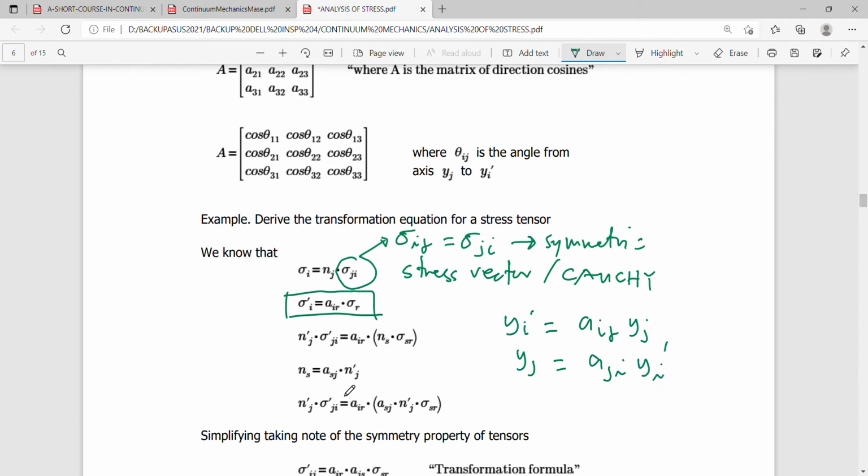This is true with this particular notation. So now ns is simply Asj n prime j.